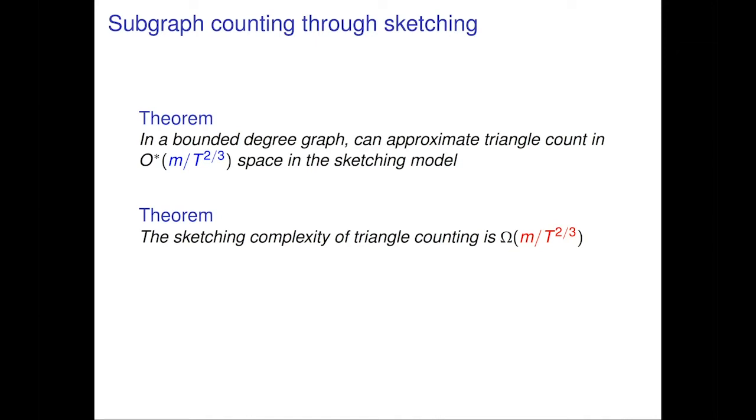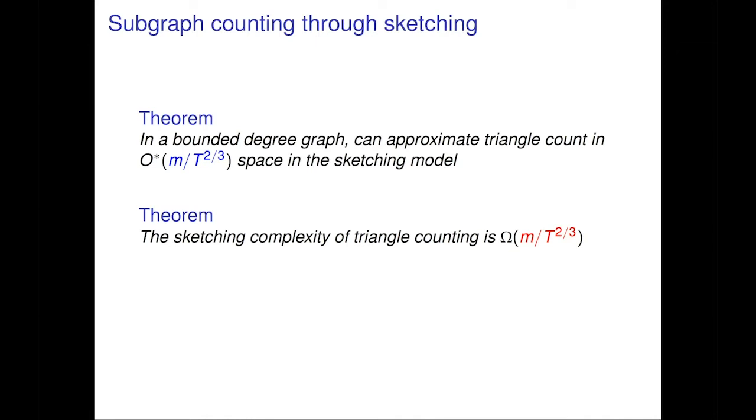Using Fourier analytic techniques, it is possible to get tight bounds, as in this paper with Gallagher and Eric Price, on the sketching complexity of triangle counting and subgraph counting in general. In particular, we show that if the input graph has t triangles, then the number of edges m over t to the power 2/3 is a tight bound on the size of the sketch needed to approximate triangle counts.